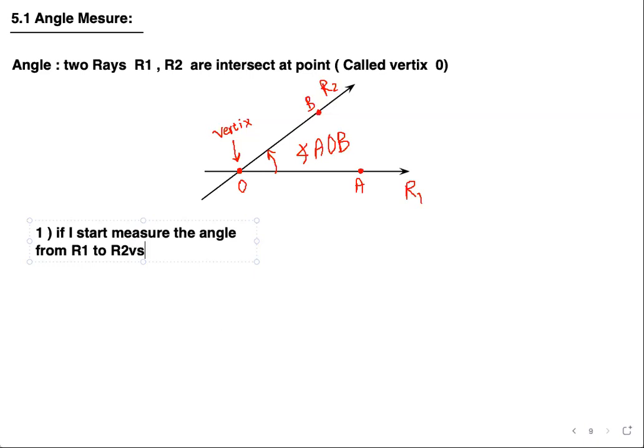So here I can call R1 my initial side, and R2 my terminal side.